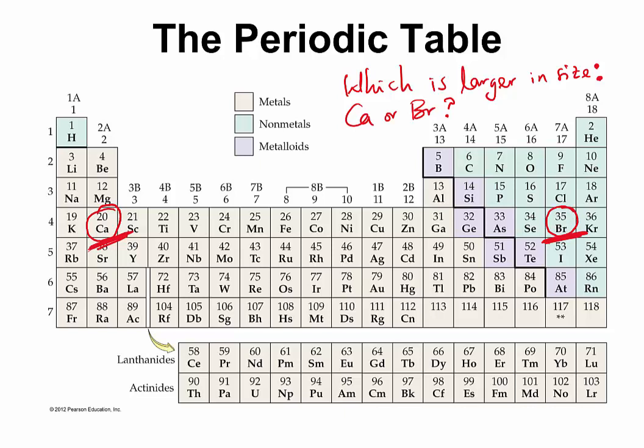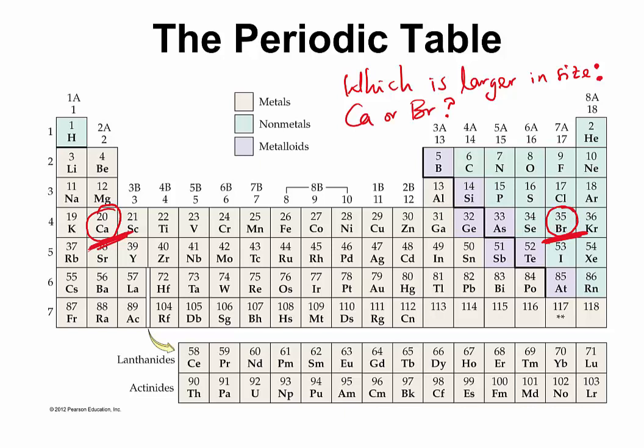Because bromine has atomic number of 35, which means it has 35 protons and 35 electrons. So that is what common sense would tell them, that if it has more protons and electrons, then it should be larger. In reality, calcium is actually a lot larger in size than bromine.